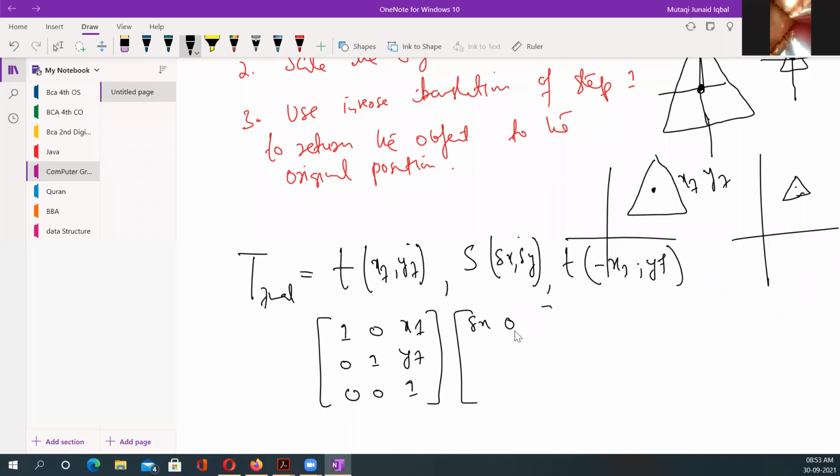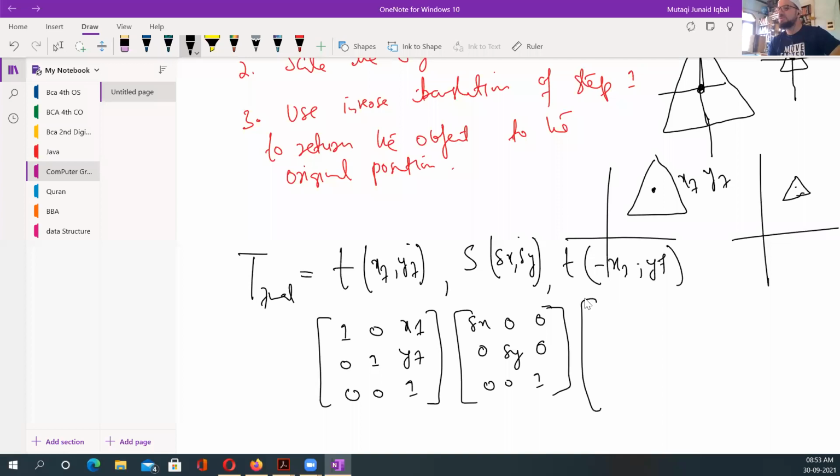Scaling: delta x 0 0, 0 delta y 0, and 0 0 1. And then again, this is the same as the translation, but right now we have minus xf and minus yf. So this will be 1 0 minus xf, then 0 1 and minus yf, and 0 0 1.